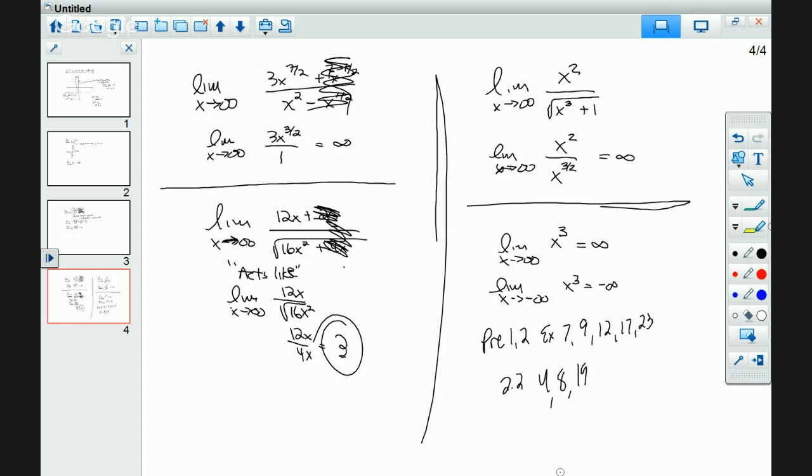Preliminaries 1 and 2, exercises 7, 9, 12, 17, and 23. And then 2.2, 4, 8, 19. About 5 minutes.